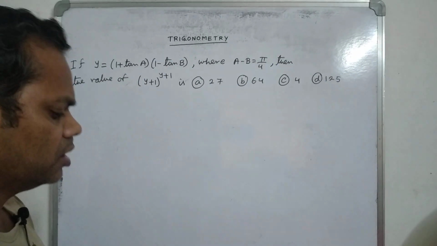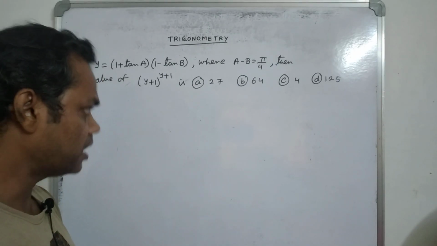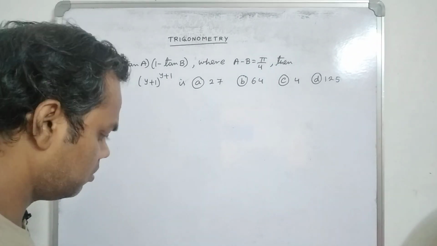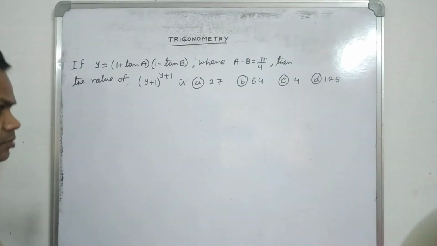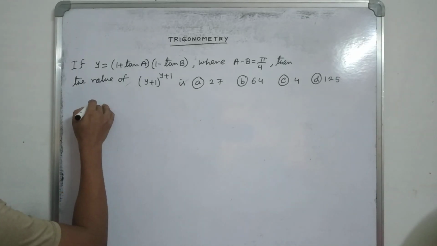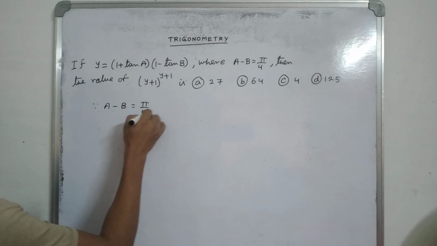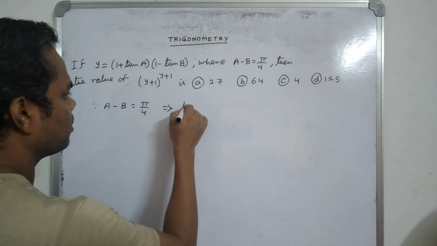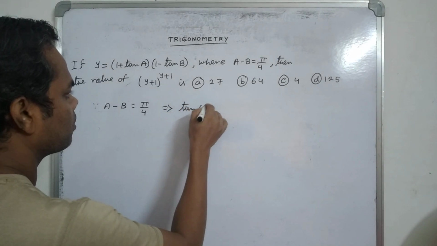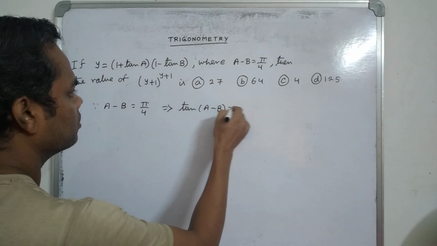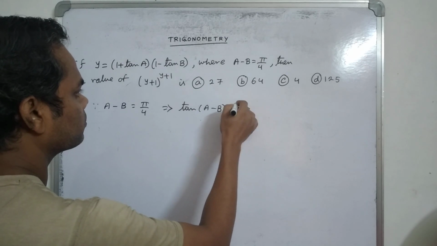Now see that if we apply the formula for tan of a minus b, then we get, since a minus b equals pi by 4, that implies tan of a minus b is equal to tan pi by 4.